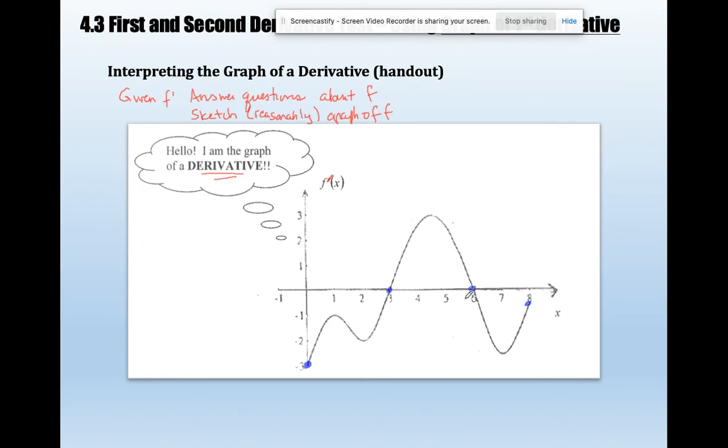I also notice where the first derivative is negative. Where should I put this? I guess over here.